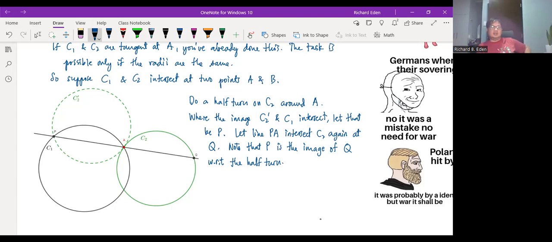What do you call the transformation of a point, like reflection, rotation, homothety, inversion? What is the general term?